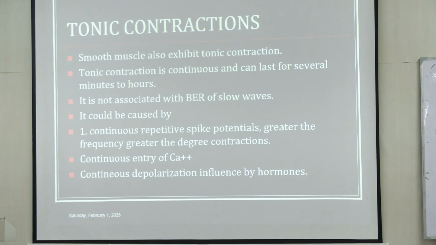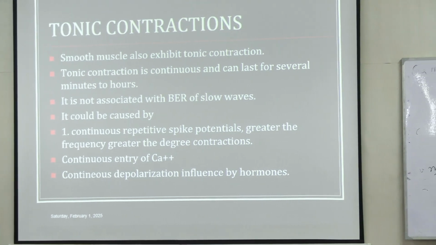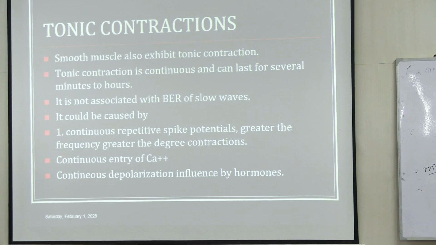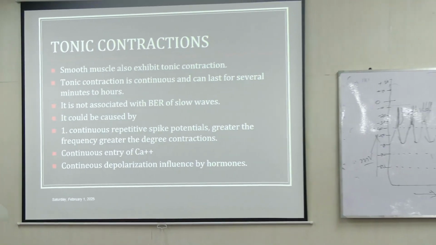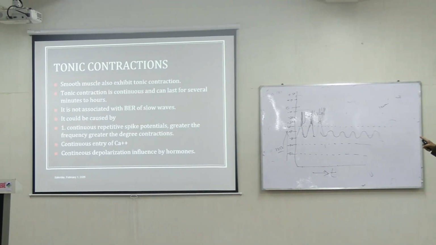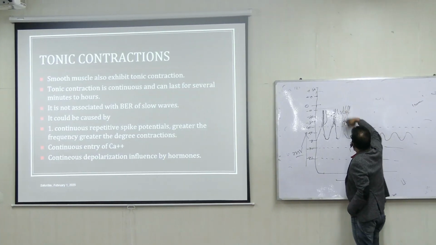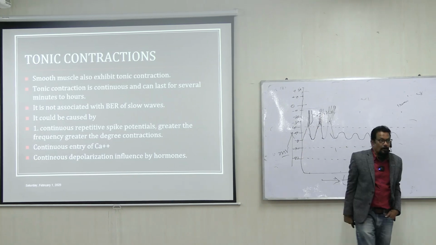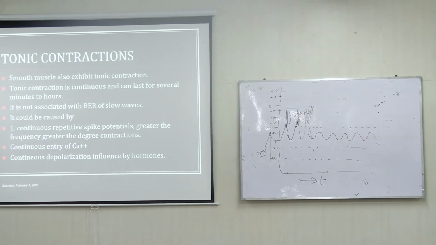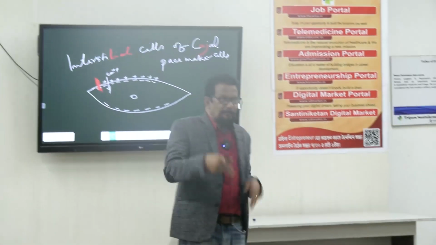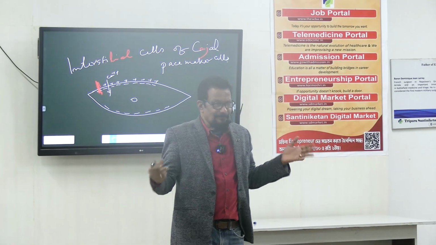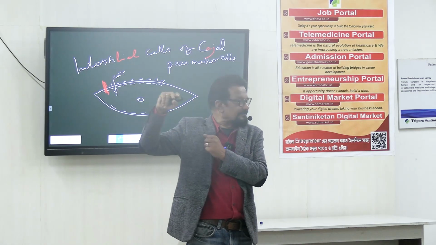It is not associated with BER of slow waves. It could be caused by, number one, continuous repeated spike potential. When the repeated, continuous spike is formed, then every spike is producing contraction. So there is no time for relaxation. So there will be sustained contraction.